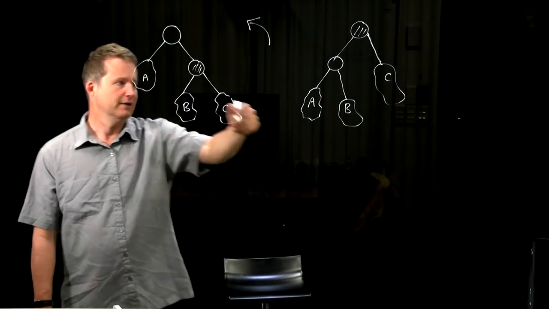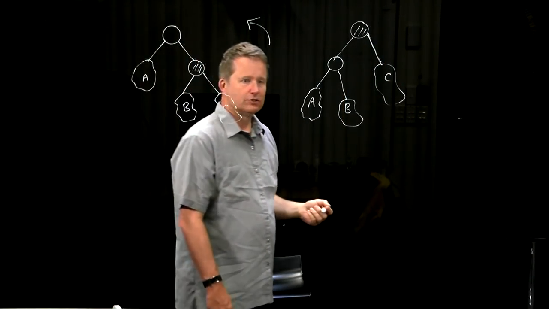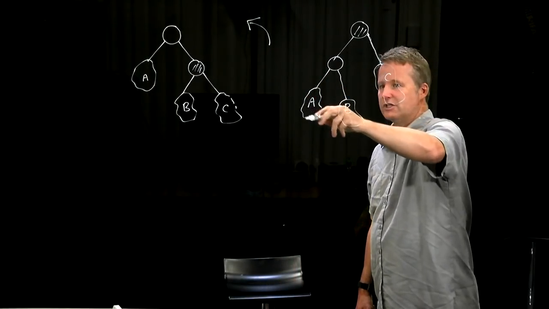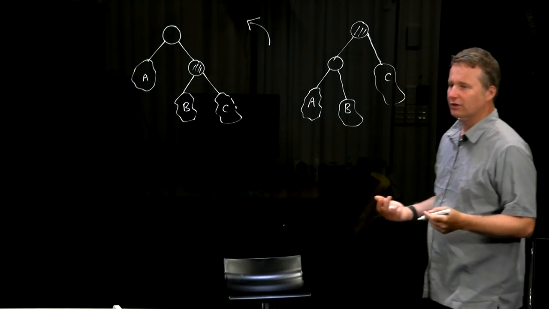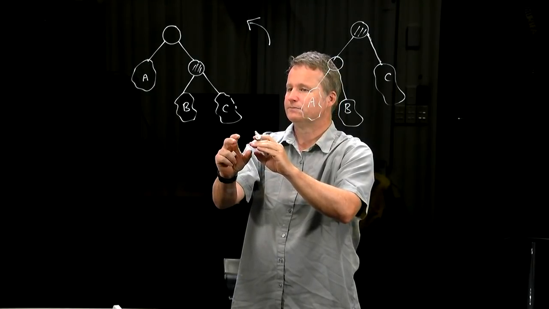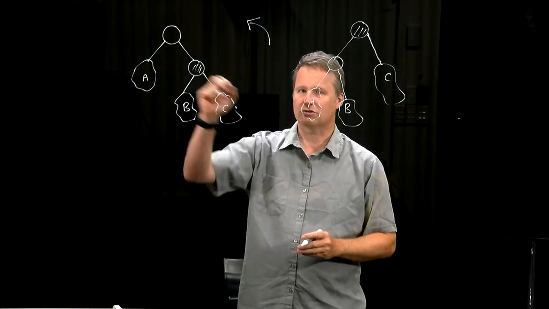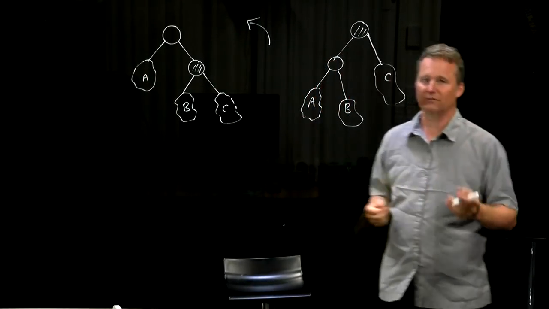And with C, it's decreased by 1. So we decreased by 1 here, we've increased by 1 there, we haven't changed there, and that might be something good. If C happened to have a much larger height than it should have, so for example, this is 7 and this is 3, then we're going to get 4 and 6, and overall we've improved the height of the tree.